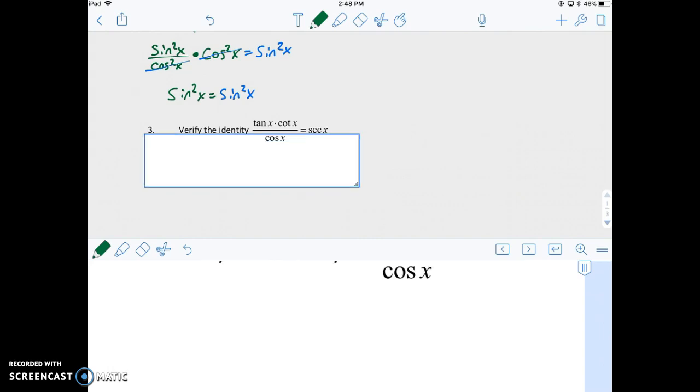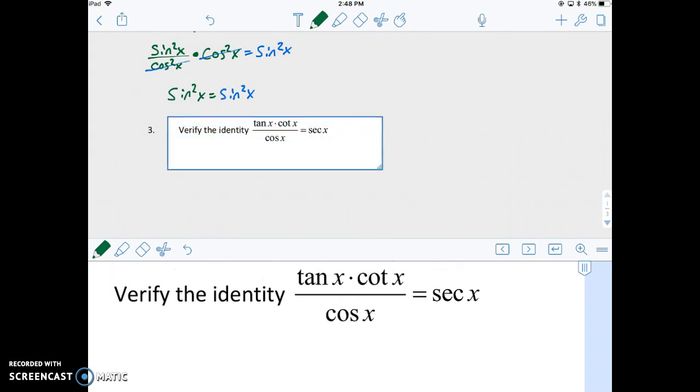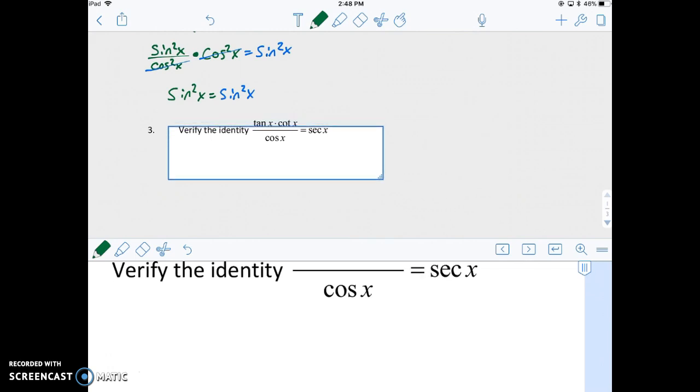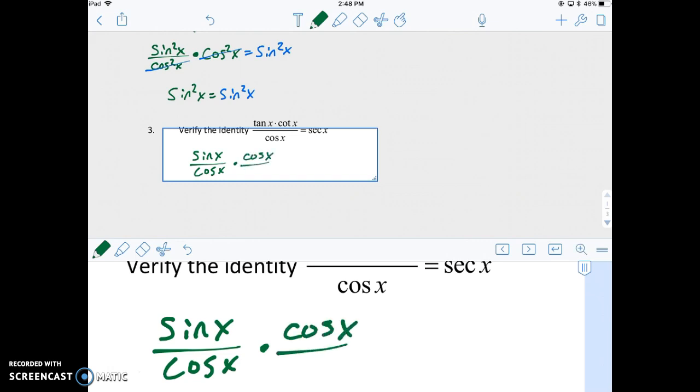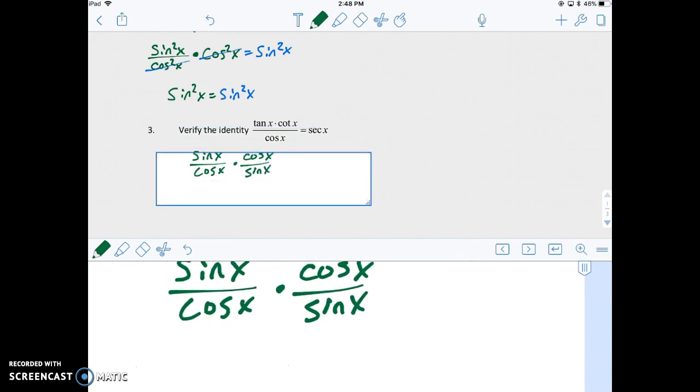For question 3, the first thing I would recommend doing is taking this tangent and cotangent and turning them into sines and cosines. So that will look like this. Tangent is sine divided by cosine, and cotangent is cosine divided by sine, and this is all divided by cosine.